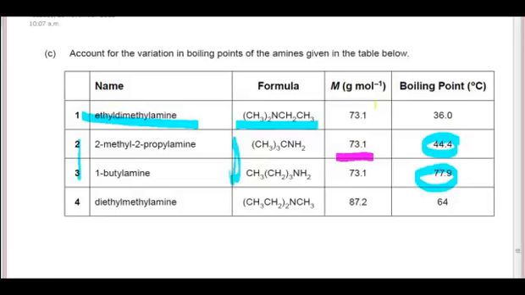And so the one with the highest boiling point is the one that is not branched to the same degree, in fact there's no branching there at all, and also has the ability to hydrogen bond, whereas this one does not have the ability to hydrogen bond, and even though it's got a higher mass, it's going to have a lower boiling point. Okay, so that's that one answered.